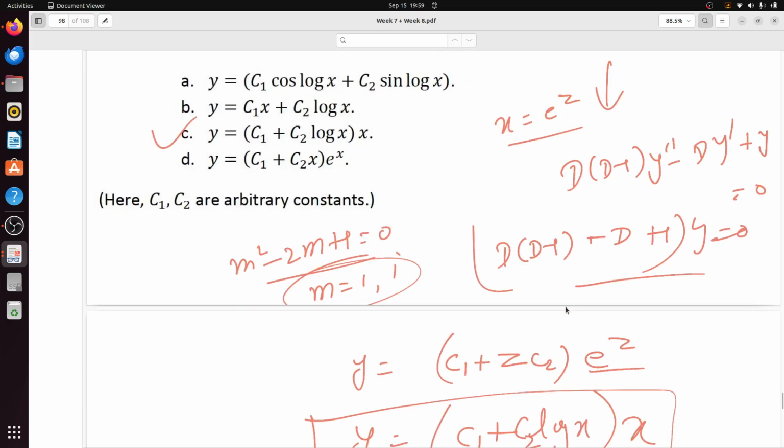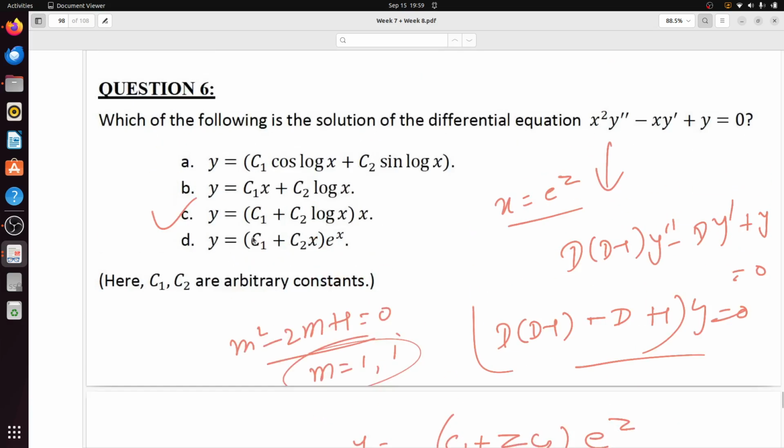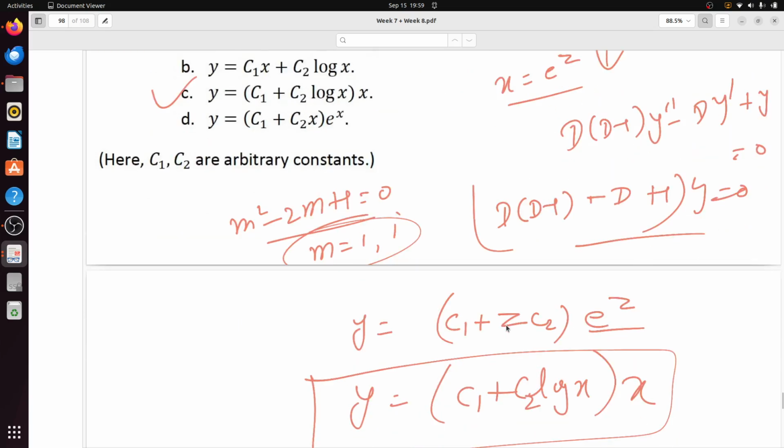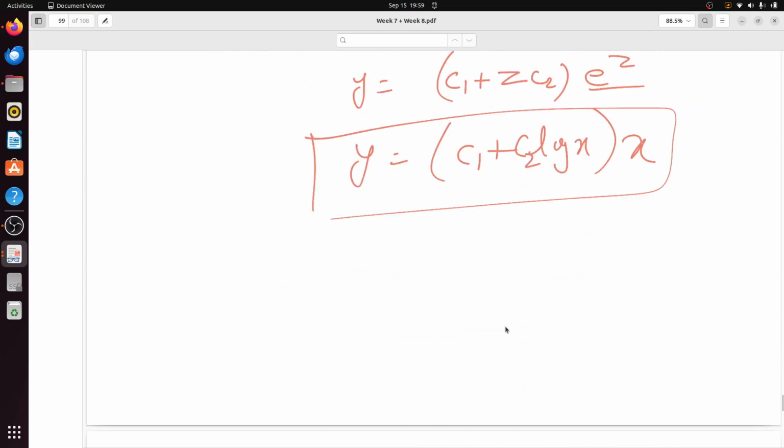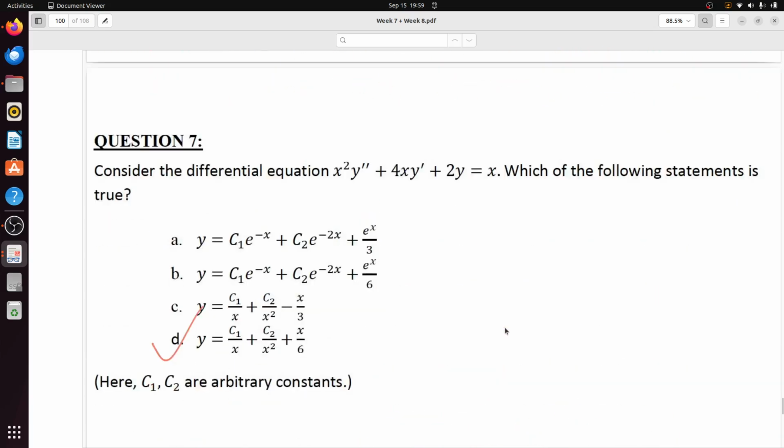From there you can find that you will get a repeated root, 1 will be the repeated root. So in terms of z you will get c1 plus c2z into e to the power z, and z is actually ln x. So from here we can get this solution to be the answer, right ma'am? Okay, so the hint is already given. So move to the next problem.